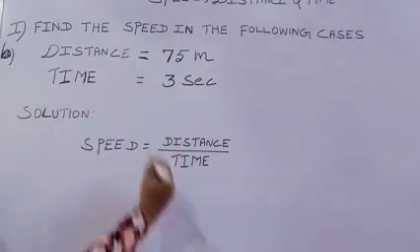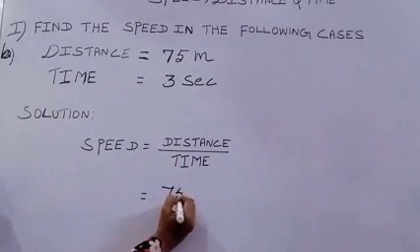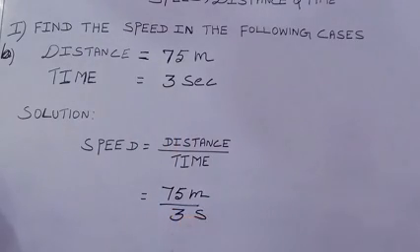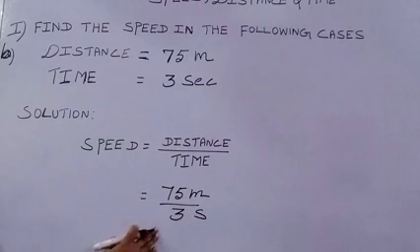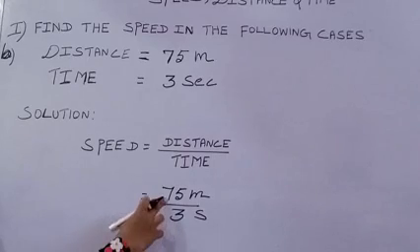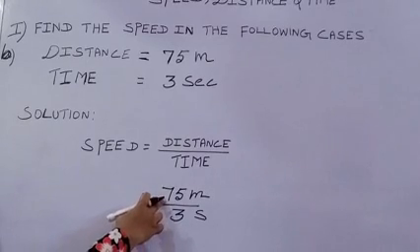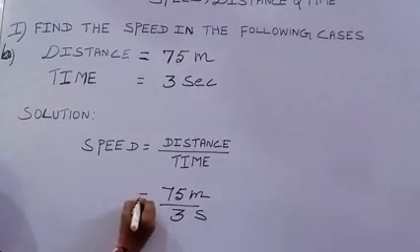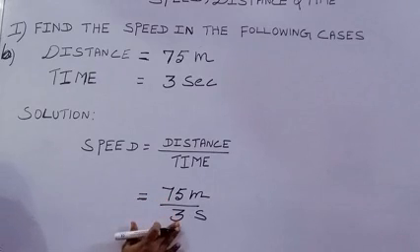Our distance here is 75 meters, and the time is 3 seconds. In the denominator you have 3, so you check whether 75 is divisible by 3 or not.